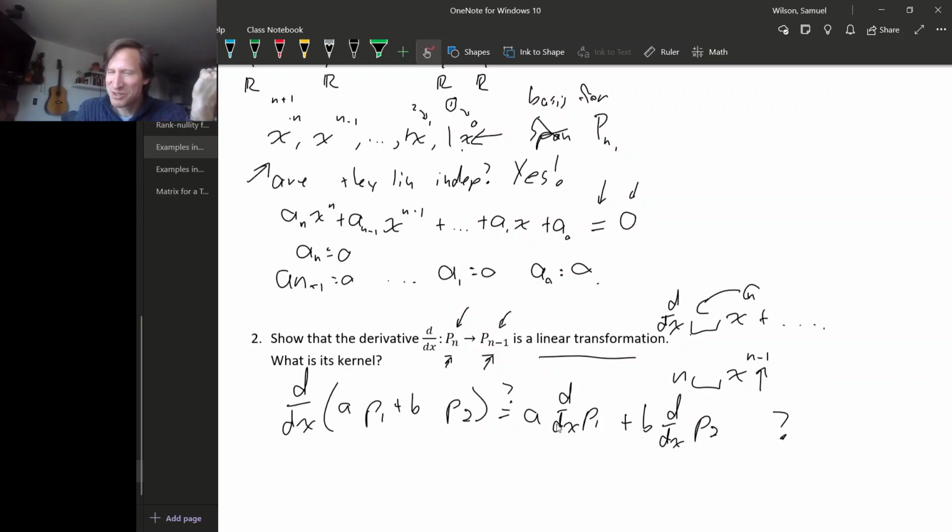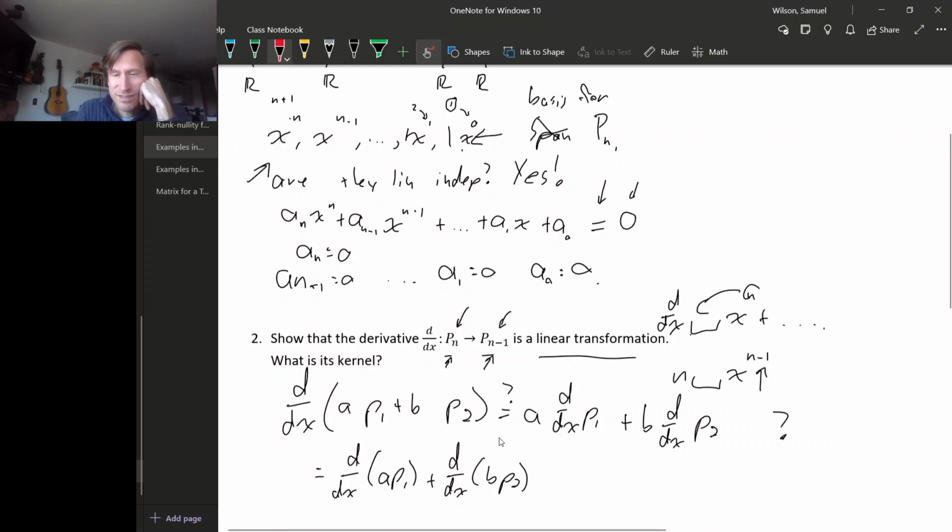These are just the familiar derivative rules. The sum rule for derivatives says that we can split this derivative up at the sum. So now we have the derivative of a times p1 plus the derivative of b times p2. But then the constant multiple rule for derivatives says we can move these constant multiples outside.